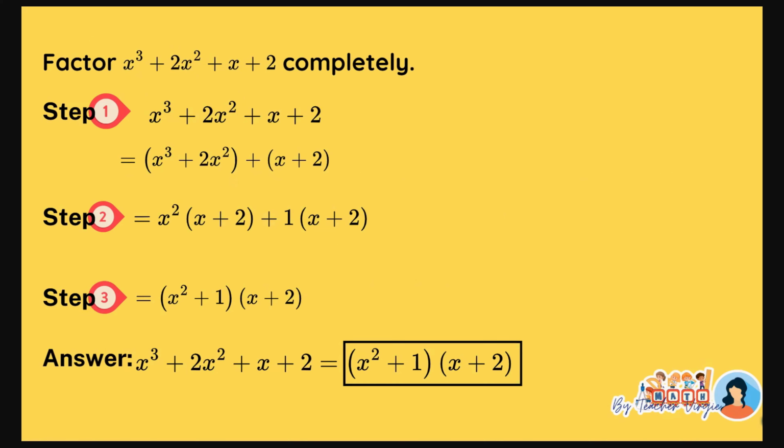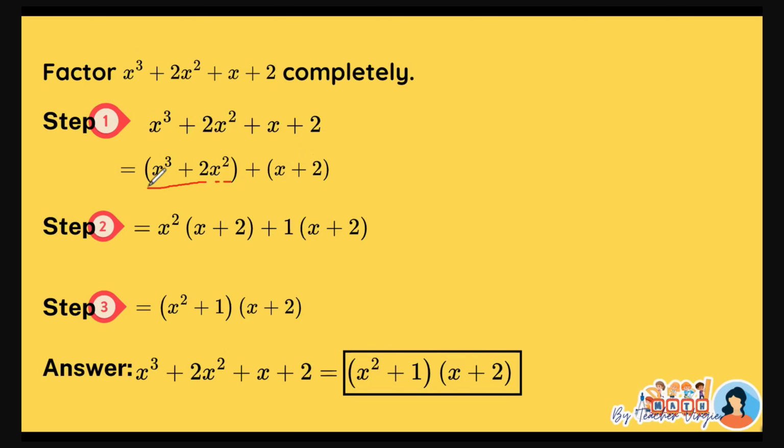Your next goal is to find out if there are 2 common binomials. So we group the first and second terms as one group, and the third and fourth terms as the second group. Then we find the greatest common factor of each group. Here the greatest common variable of x cubed and x squared is x squared, so we have to take that out.